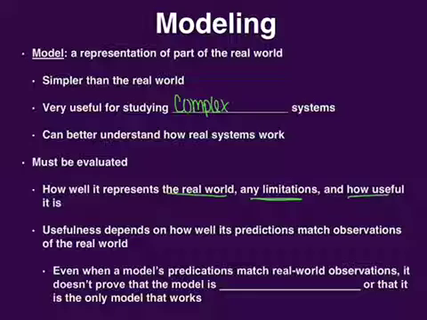So the usefulness will depend on how well it's able to predict events of the real world. And so we use models all the time when we predict the weather forecast.